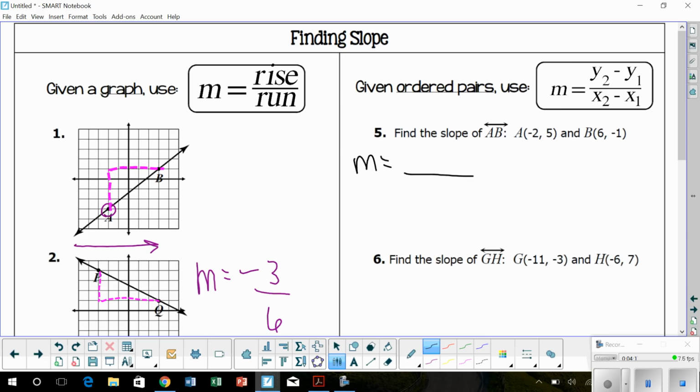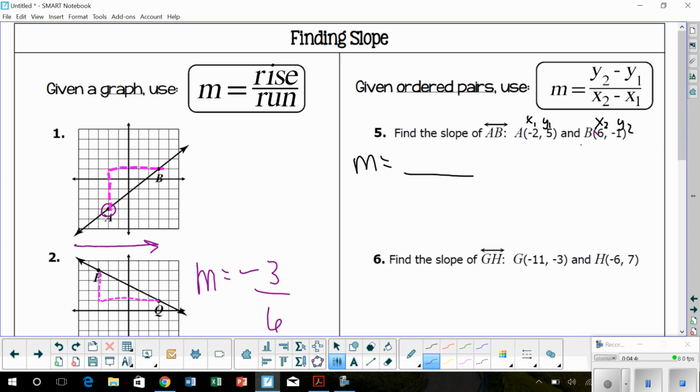If you need to, you can write x1, y1, x2, y2.